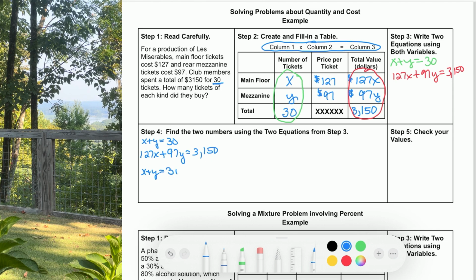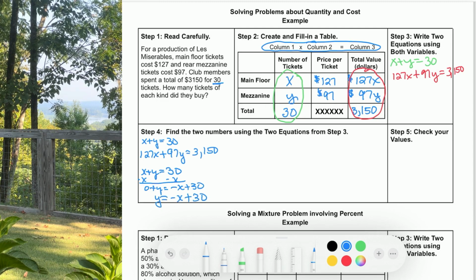X plus y equals 30. And I'm going to isolate the y. I'm going to move the x. So subtract x. So my new version of that equation is y equals negative x plus 30. I'm going to use this in the other equation.